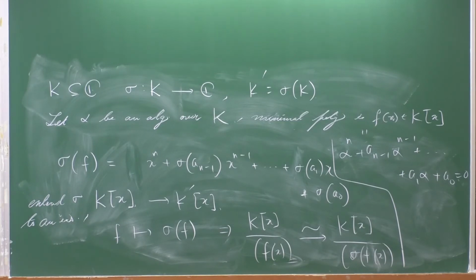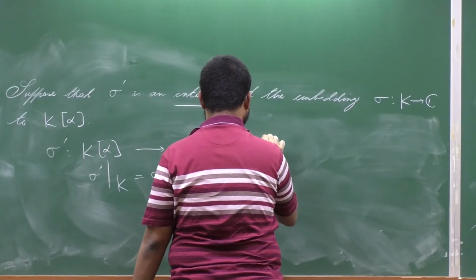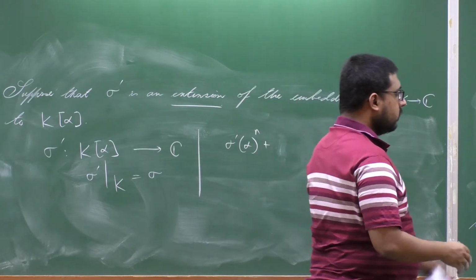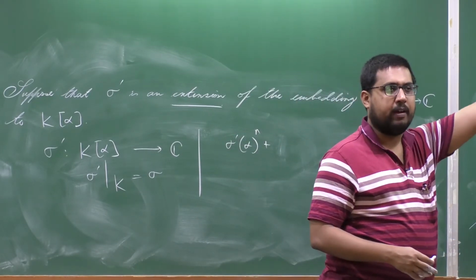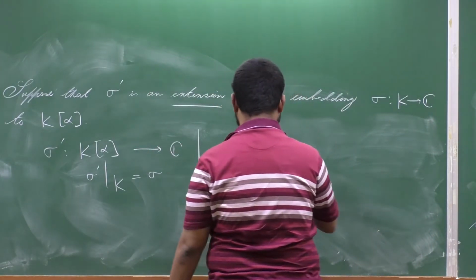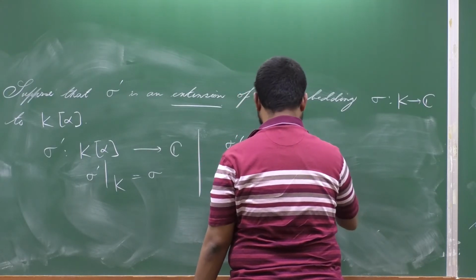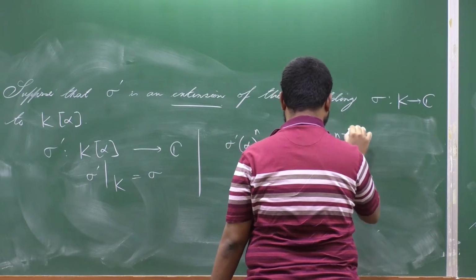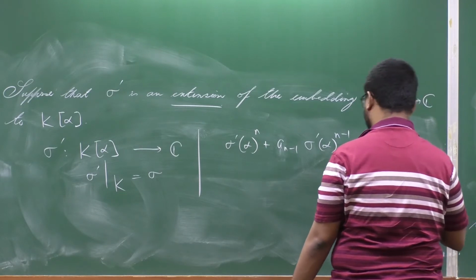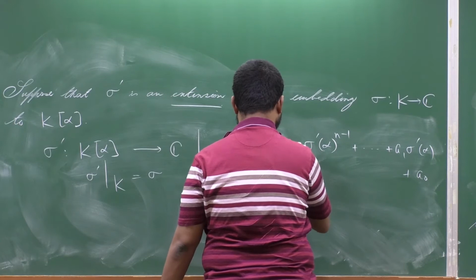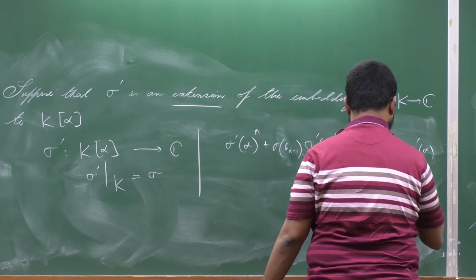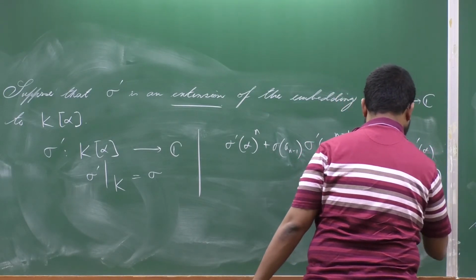Sigma prime of alpha to the power n, and since we are dealing with homomorphisms, plus sigma prime of a n minus 1 times sigma prime of alpha to the power n minus 1, and so on. But since sigma prime extends sigma, this will be sigma of a n minus 1, and so on, up to sigma of a naught, and that is going to be 0.